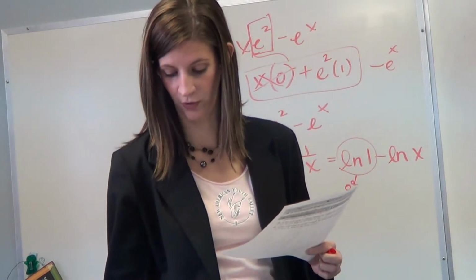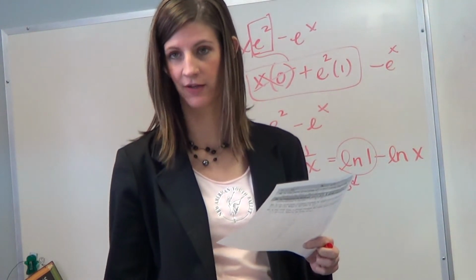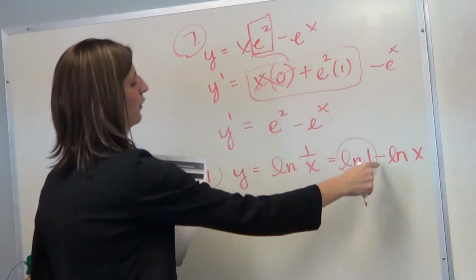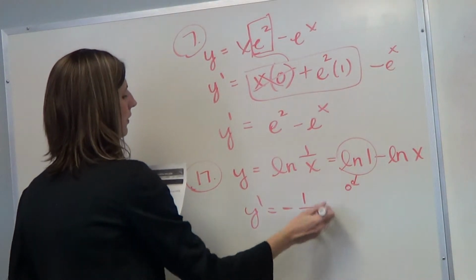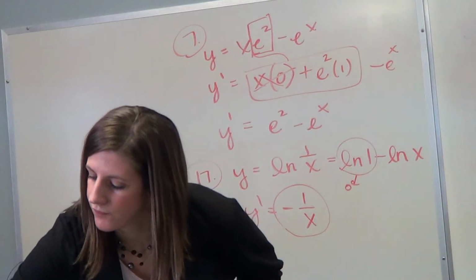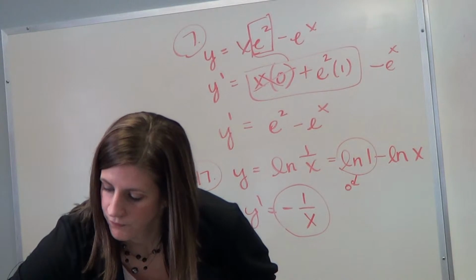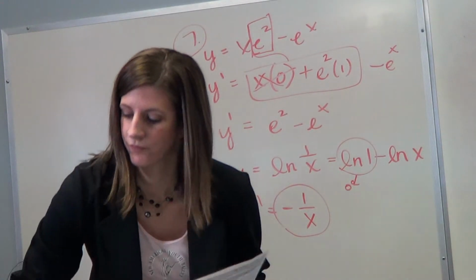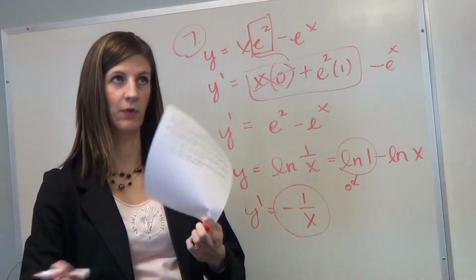It's 1 over x times the derivative of x. And there's also a negative in front, so negative 1 over x. That's where that's coming from. Okay? Alright, what else?